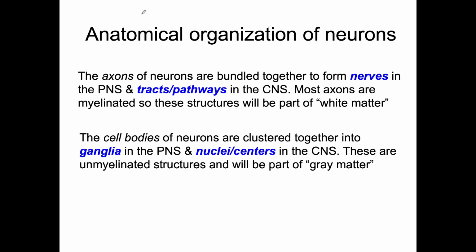Now, star this slide. Why? Because the terms in blue are terms that you must know for your next exam. So I'm going to draw a line in the middle. I'm going to put the word PNS here, and I'm going to put the word CNS here, and I'm going to draw some neurons. I'm going to draw a neuron here.